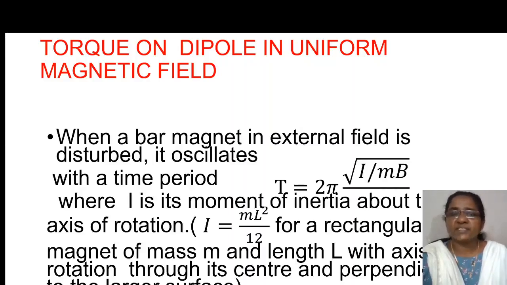You have studied it in 11th class. The moment of inertia expression is given by m l square by 12, where m is the mass and l is the length of the rod. So that should be applied here, and you will get the time period of oscillation of this rotation.